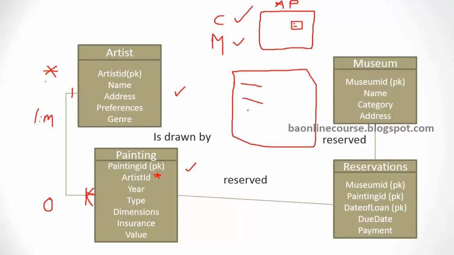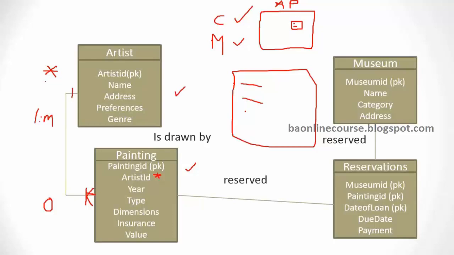A painting can exist without an artist; we might not know who the artist is. But you definitely have to capture the artist ID. It's mandatory, but it's not really important. You might not know who has drawn that painting.